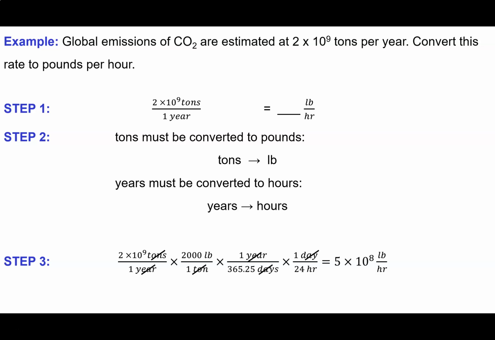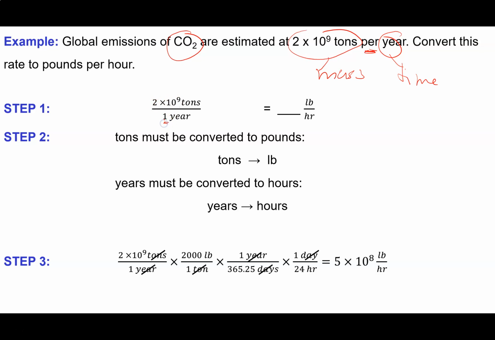So here's an example. It says global emissions of carbon dioxide are estimated at 2 times 10 to the 9 tons per year. So that's mass, and that is time. So our unit is saying that we get 2 times 10 to the 9 tons of carbon dioxide for every 1 year. You see how we turn the per into this fraction?